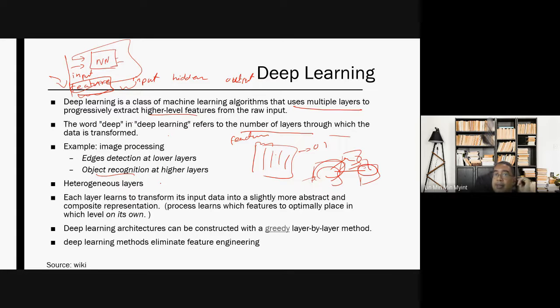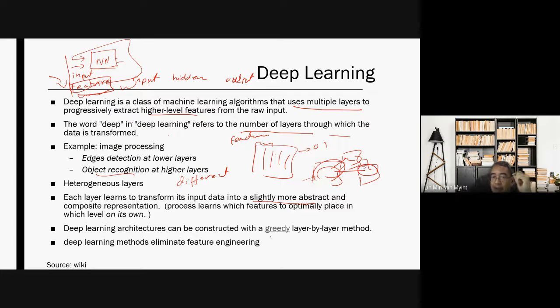That's why normally deep learning uses heterogeneous, various types of layers. Different types of layers can be combined together, and each layer transforms the input data into a slightly more abstract and composite representation. Normally, the features are optimally placed within a layer on their own. How many layers do we need to apply?